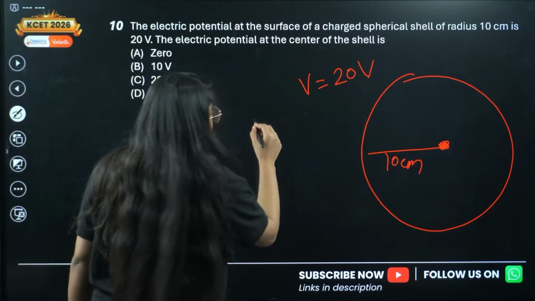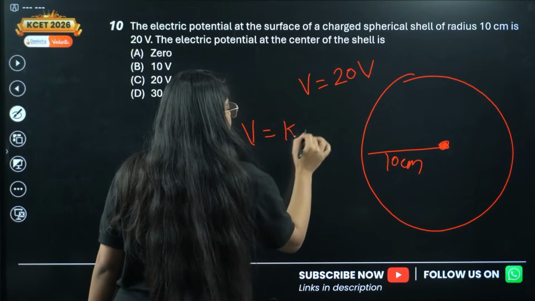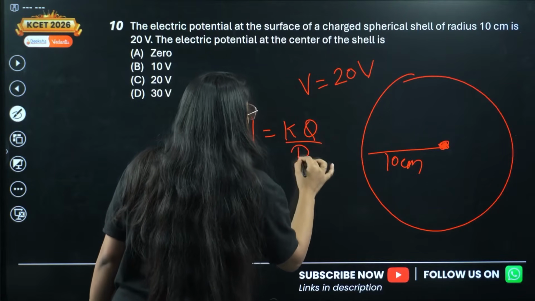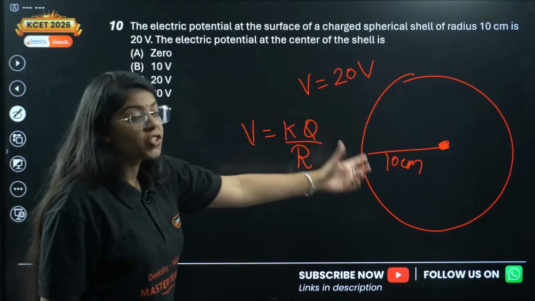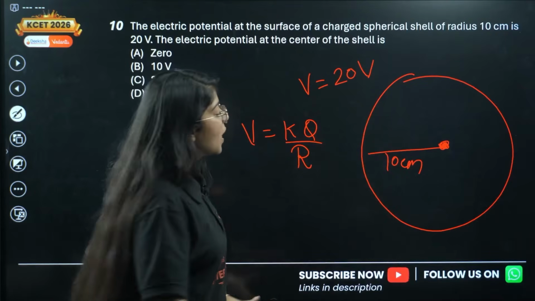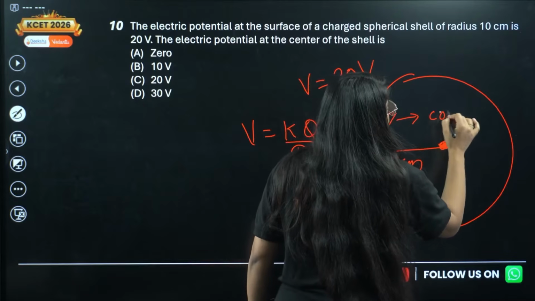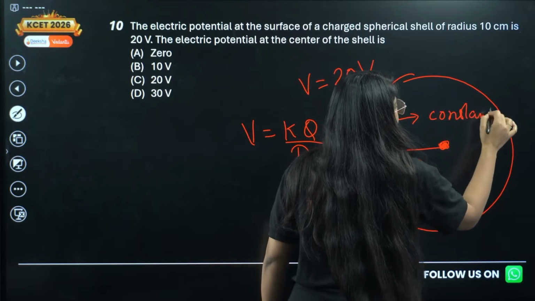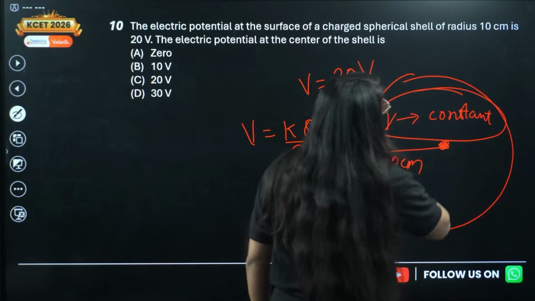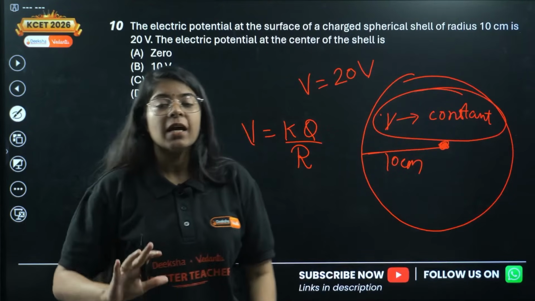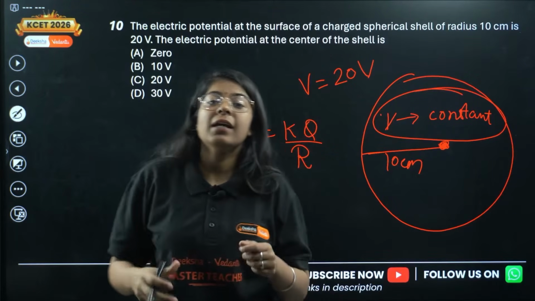Now, let me just write V is what? We saw KQ by R. Now, inside the charged spherical shell, potential remains constant. Understood? It's a uniformly charged sphere shell. The potential will remain constant.